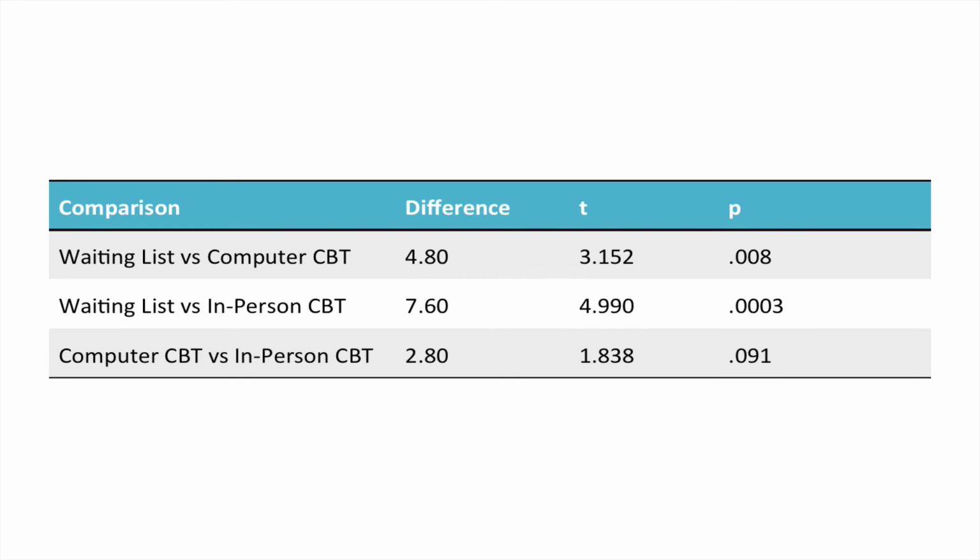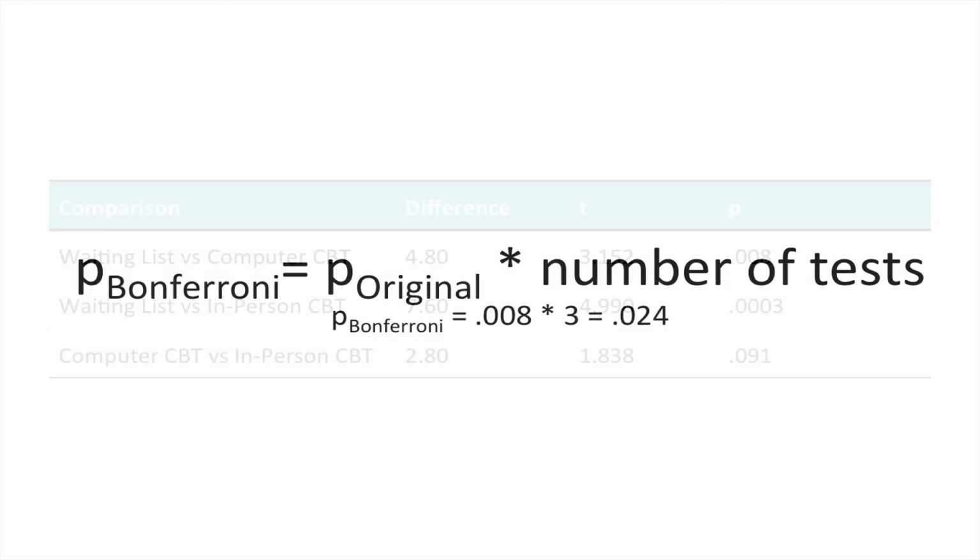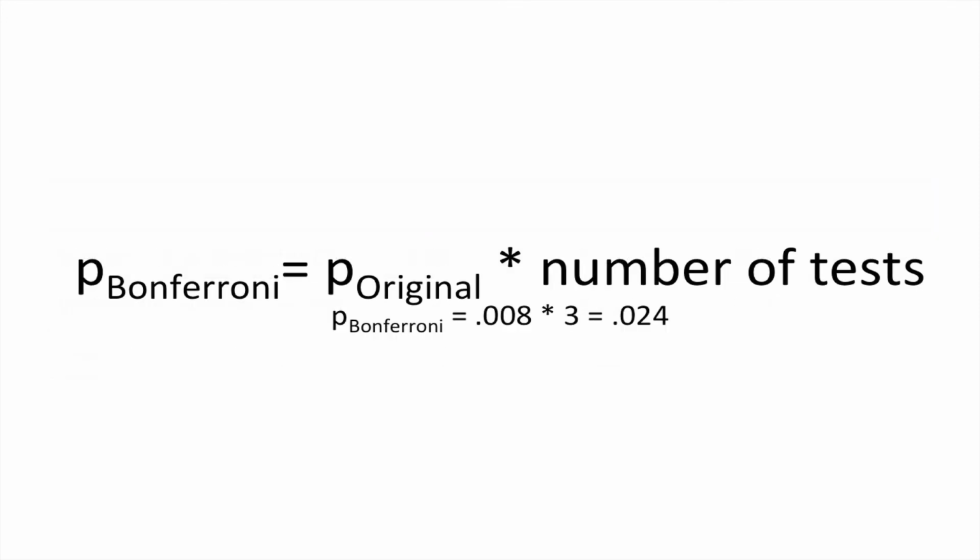All we do is multiply these normal p-values by the number of tests we've done, so that it puts them all on a level playing field. And if we look at that in equation form, we see that our Bonferroni p-value equates to our original p-value for a particular comparison times the number of tests we've done, and you can see that applied down below to the first p-value.